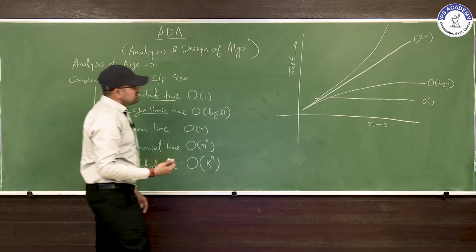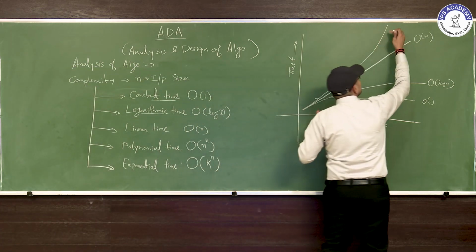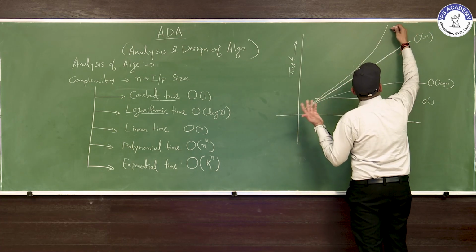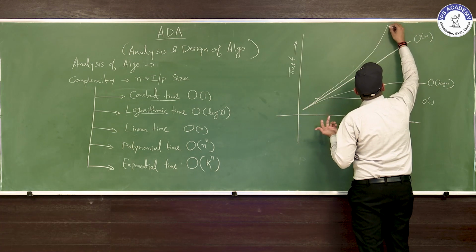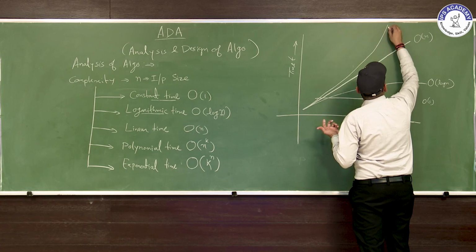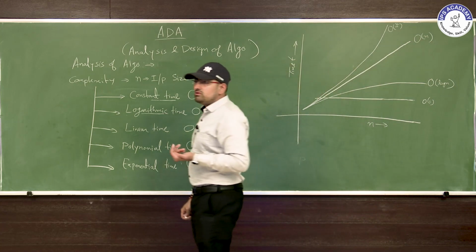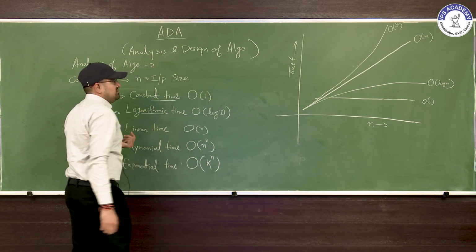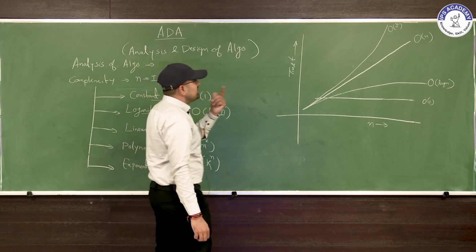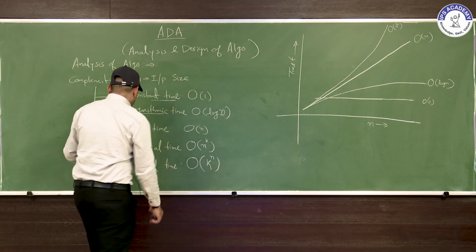If we increase the input by 20, then the time may be 40, 60 or even 100. So it would be order of n to the power k. It could be n square, n cube, n to the power 4 or n to the power k, whatever, right? So that is polynomial time complexity.